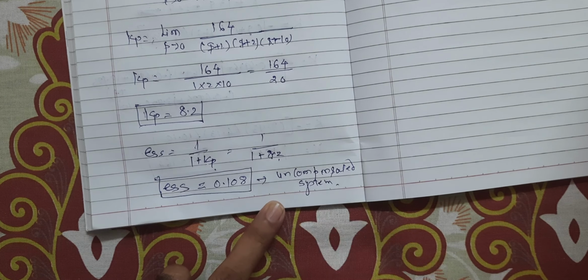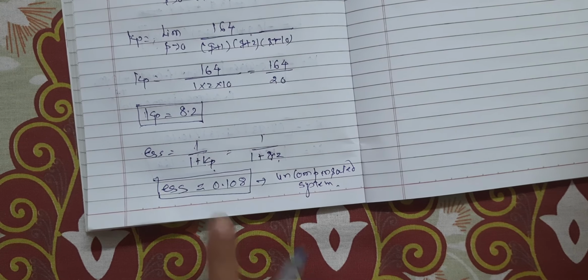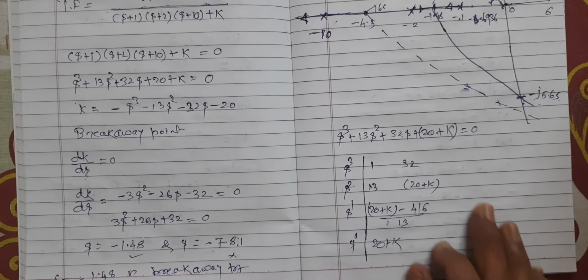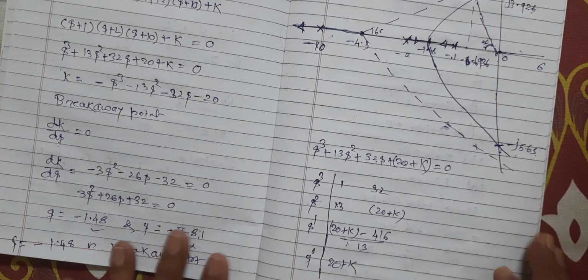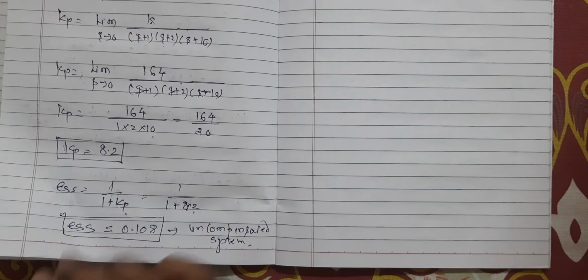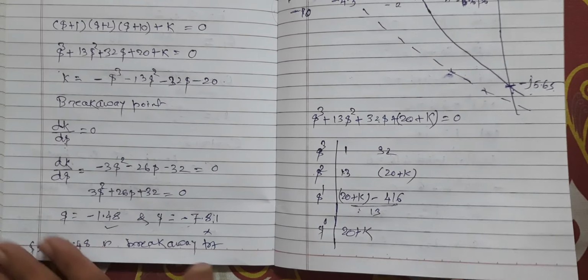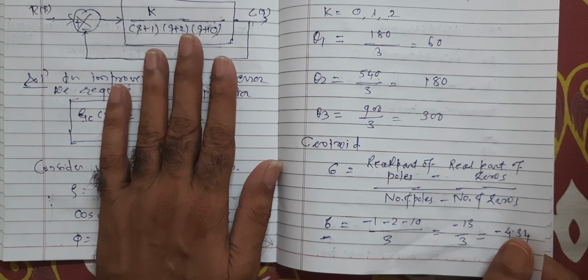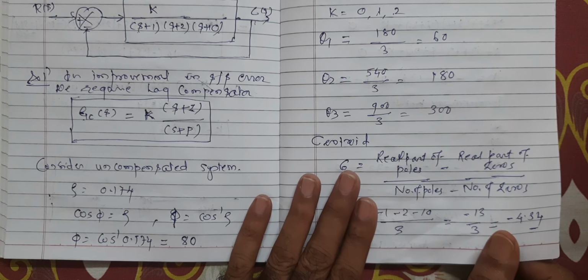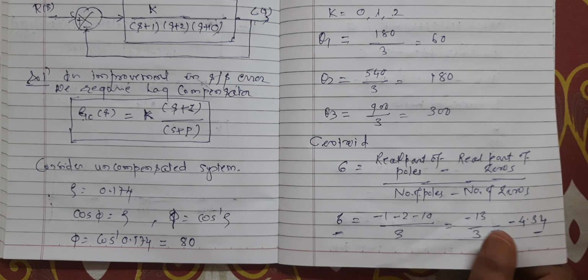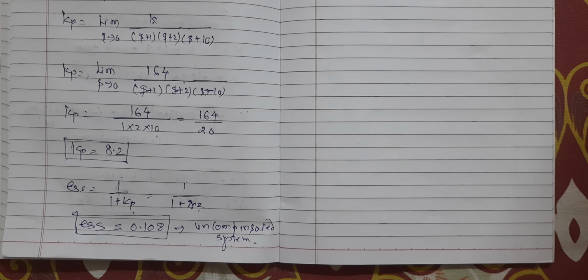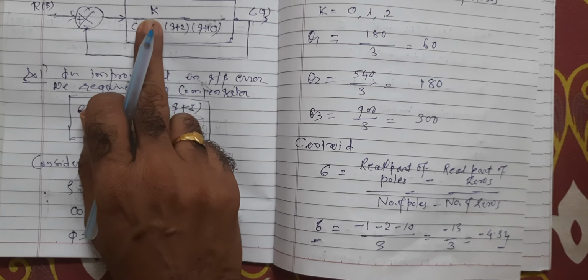Okay. So this way we can find the steady state error of the uncompensated system. For this we have to draw all these. First you have to draw the root locus, and from the root locus you can find the steady state error, because in this one we don't know the value of the k. That k value we have to find.